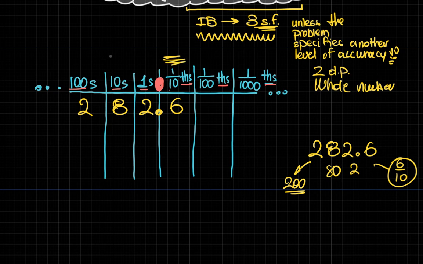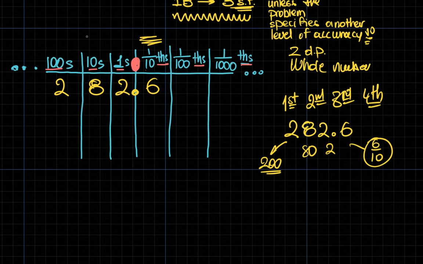And all of them are significant, starting with the 2 being the first and most significant figure, because it corresponds to the biggest value, 2 times 100, which is the 200s. Then 8 is going to be the second, 2 is going to be the third, and 6 is going to be the fourth.